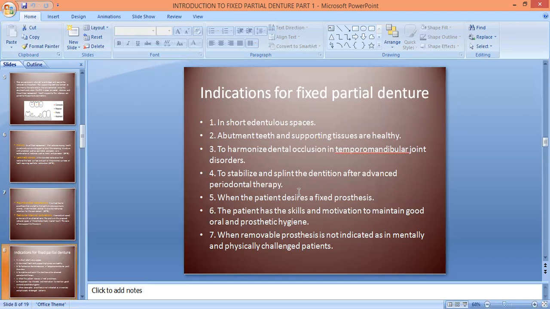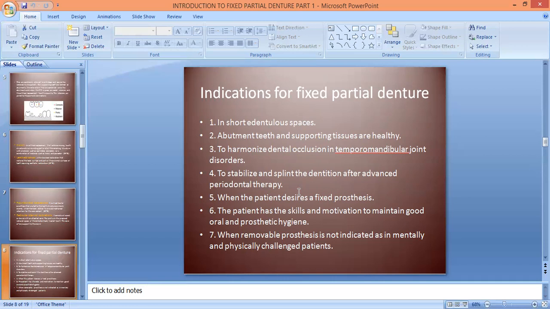It is indicated to harmonize the dental occlusion in temporomandibular joint disorders, when the patient desires a fixed prosthesis, to stabilize and splint the dentition after advanced periodontal therapy, and when the patient has the skill and motivation to maintain good oral hygiene as well as prosthetic hygiene.